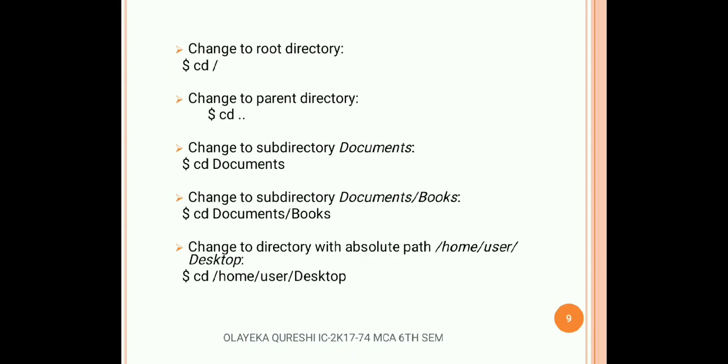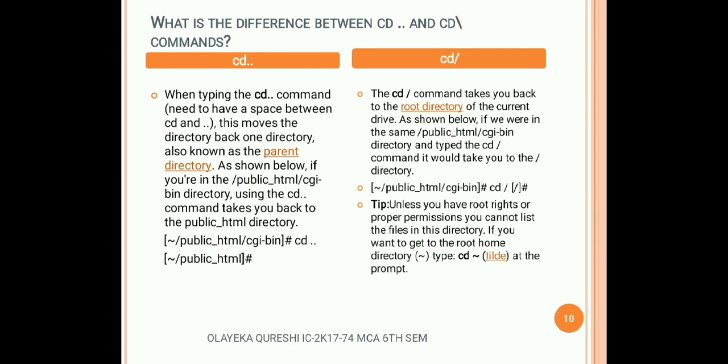Change to a directory with an absolute path. You can also give an absolute path to change directory by using $cd /home/user/desktop. Now, what is the difference between cd .. and cd / command?